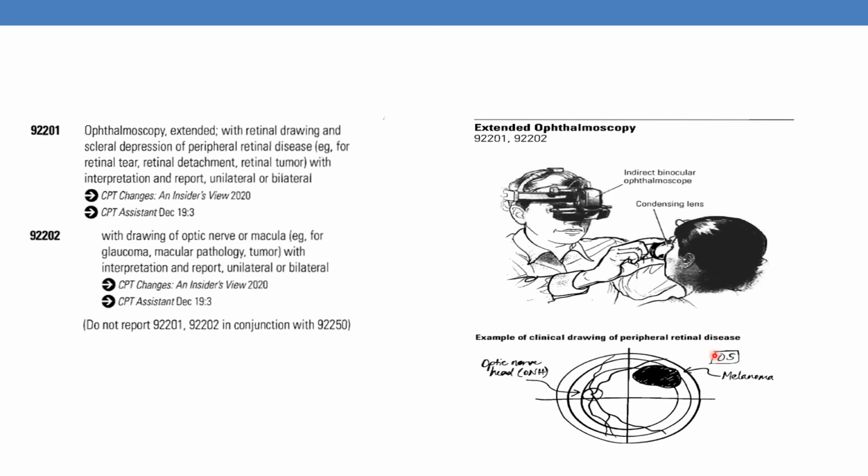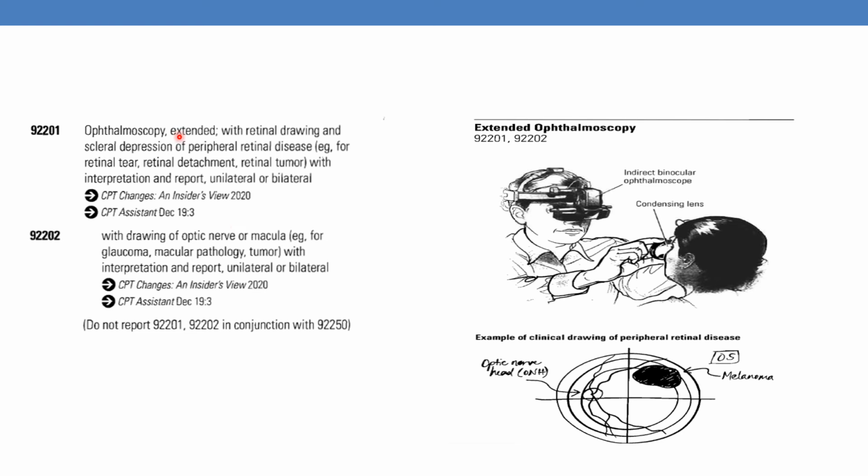Here you can see the clinical drawing of peripheral retinal disease. This is an example for 92201. And coming to 92202, it includes the drawing of optic nerve or macula, for example, glaucoma, macular pathology or tumor, with interpretation and report.